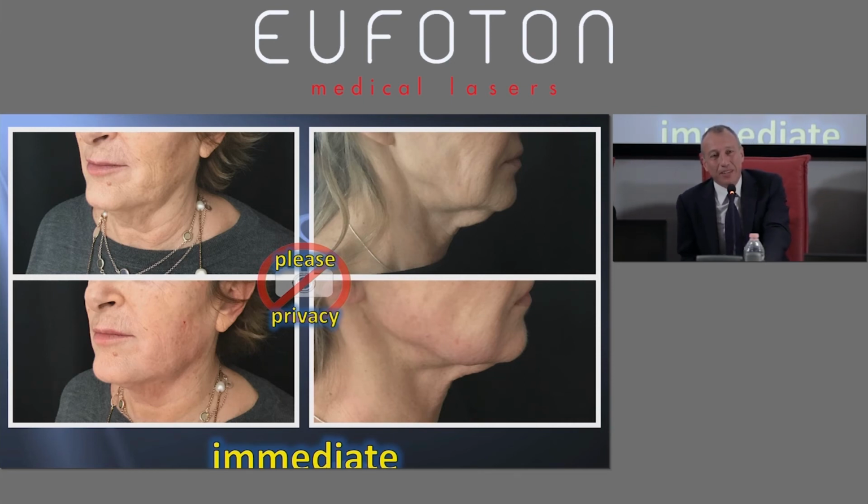So the question: she wants to know about the treatment of fat pads in the lower eyelid. Maybe we were not clear, but it's the fat of the lower eyelid, not the lower region, just the lower eyelid, the posterior region.